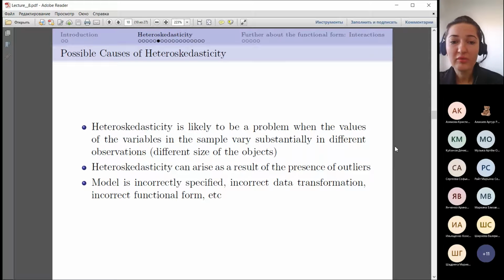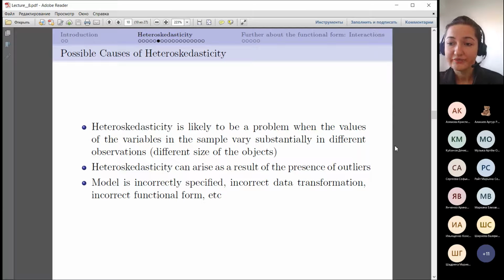All these problems frequently arise in cross-sectional data and also in panel data. But if you compare with time series data, in time series data you work with the same variable, but you check the dynamic of this variable in different periods.